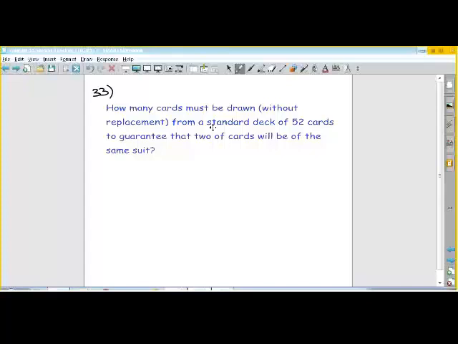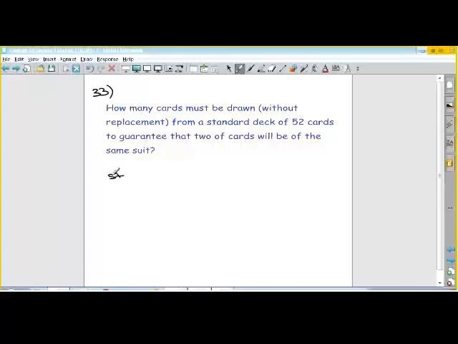Don't get seduced into, oh, it's from this part of the chapter and therefore I just have to use the formula. It's not a formula question. It's more of a kind of a logic question. So you think about, well, let me see what would happen. Let's just think about, if I pick a card.